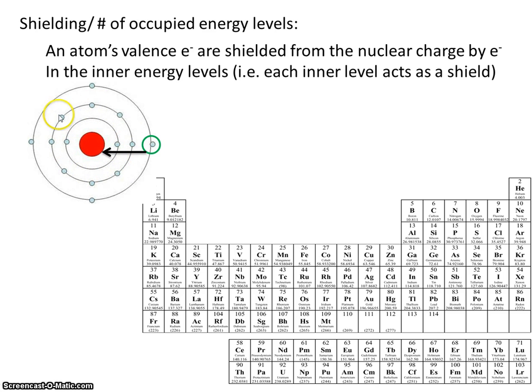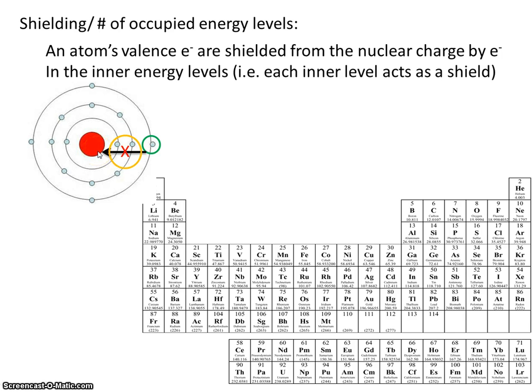These energy levels are occupied by electrons. And each of these 2 inner energy levels acts as a shield. And that reduces the strength of the pull that this electron experiences. So these 2 inner layers of electrons shield this valence electron from the pull of the nucleus.